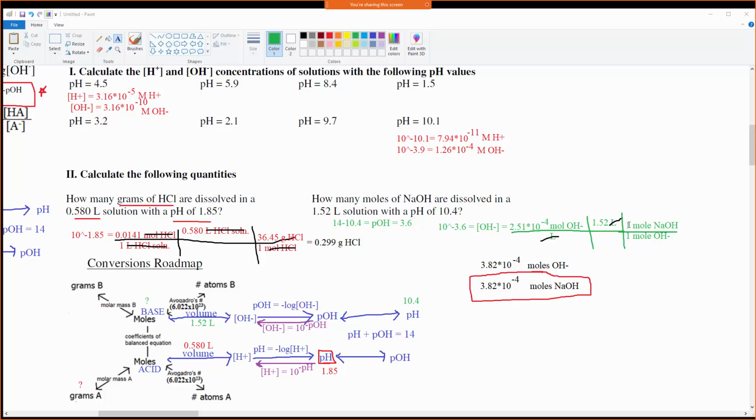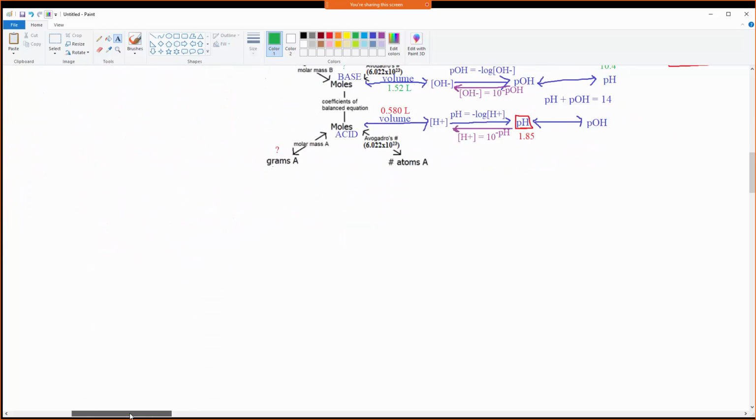Erica says, now wait, what if it doesn't dissociate completely? And the answer is, then we don't do this equation. We use something different, which we just haven't got to today. But we can only use this for this kind of assumption, this one-to-one for strong acids and strong bases. Excellent question.